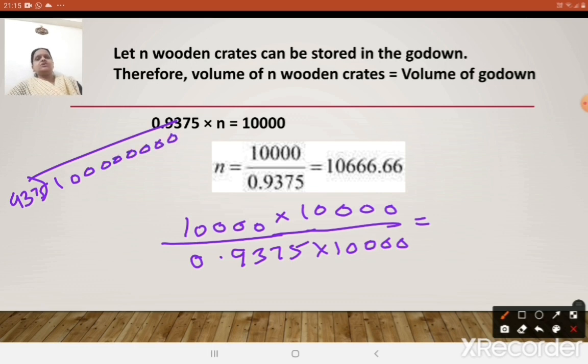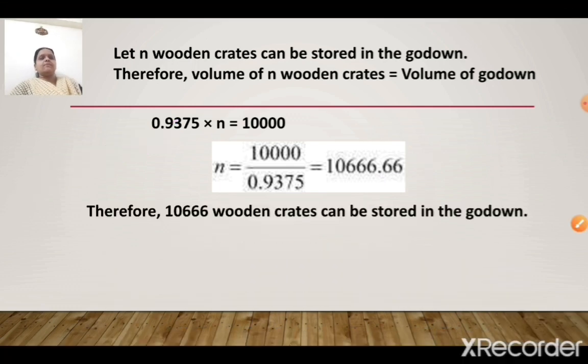We don't have any choice here to calculate that, so let us find the answer. You will get the approximate value here as 10666.66. That means 10,666.6. Actually, as we know the number of crates should be a whole number. So here we are not getting the exact value, we will get the approximate value.